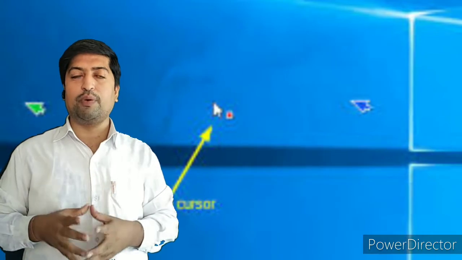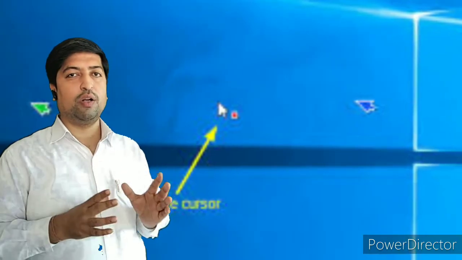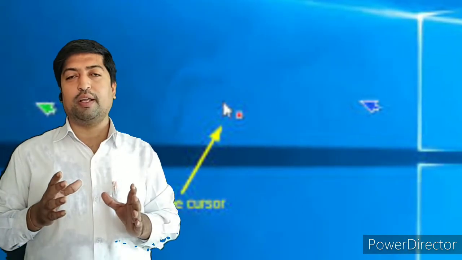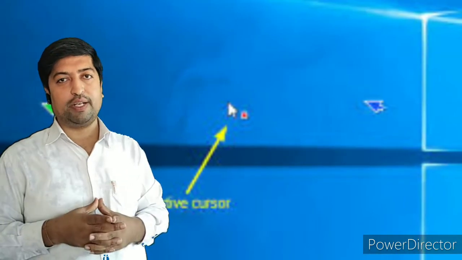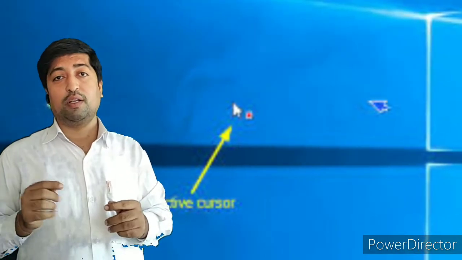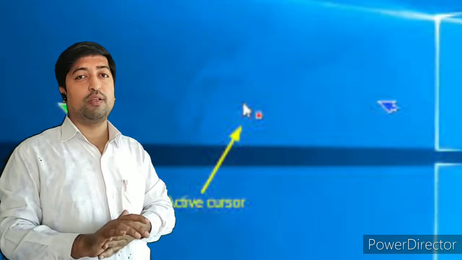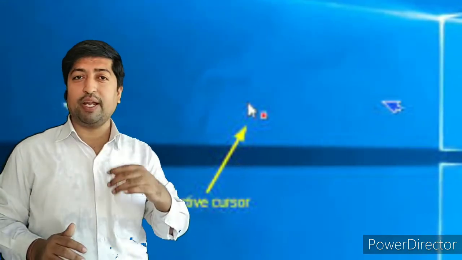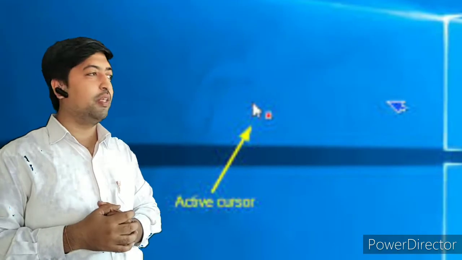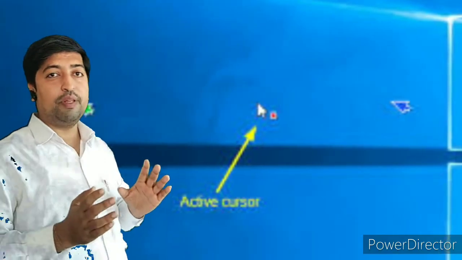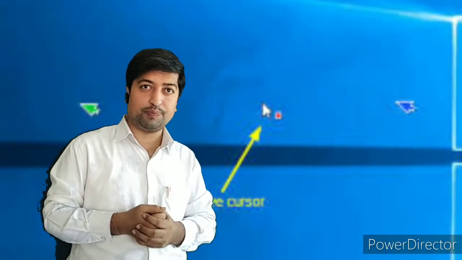With the computer, mouse is a very important factor because we can choose something and we can do operations with the computer only with the help of the mouse.